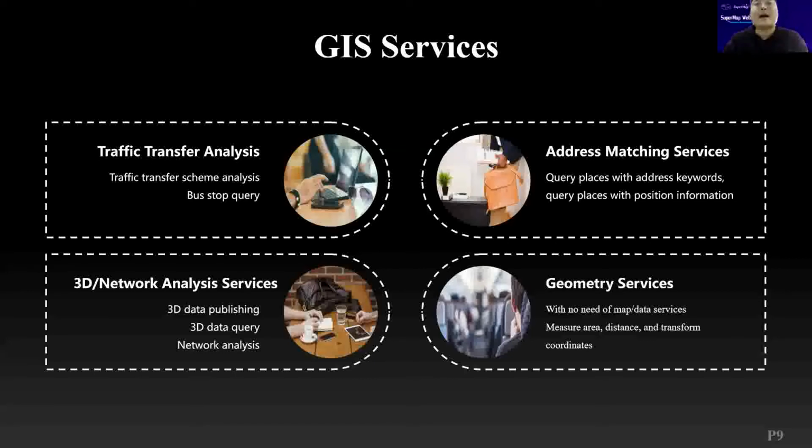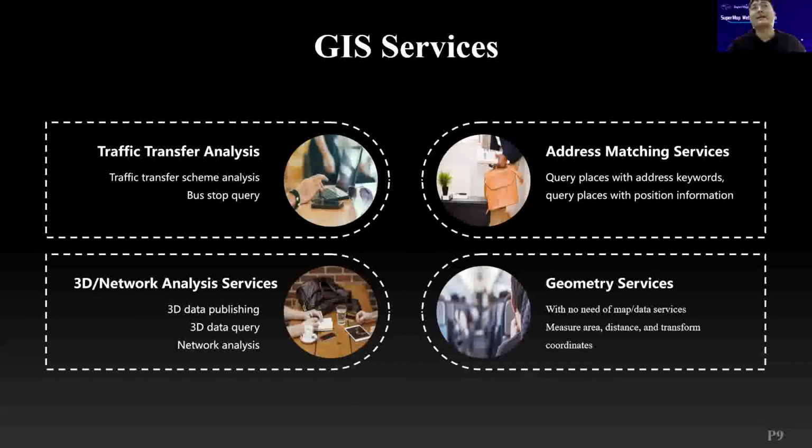And the next one is the address matching service. This is mainly focused on address matching, that means if we have the POI, it can support us with two functions. The first one is the geolocation function.